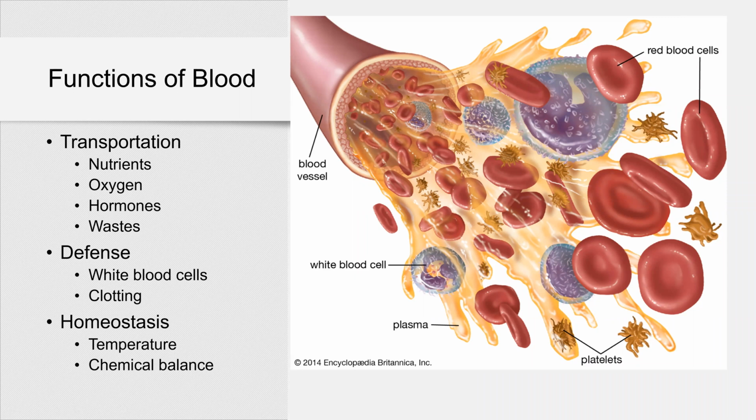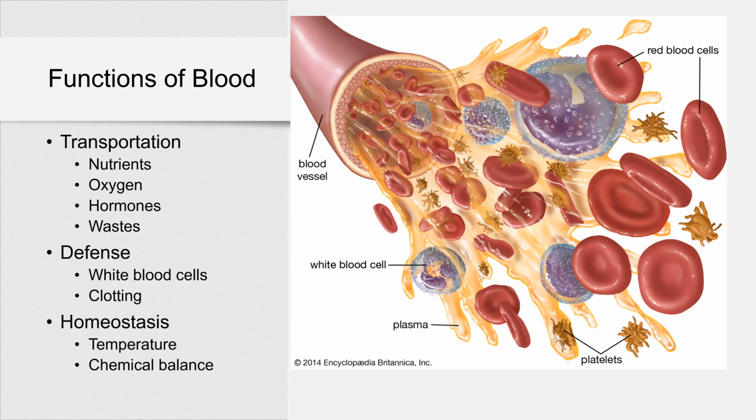Nutrients from the GI tract to your organs, cells, and tissues; oxygen from your lungs to your tissues and cells; hormones from your glands all through your body; and waste products from your cells to excretory organs, such as your respiratory system organs, to your lungs, or to your kidneys, which are organs of your urinary system.